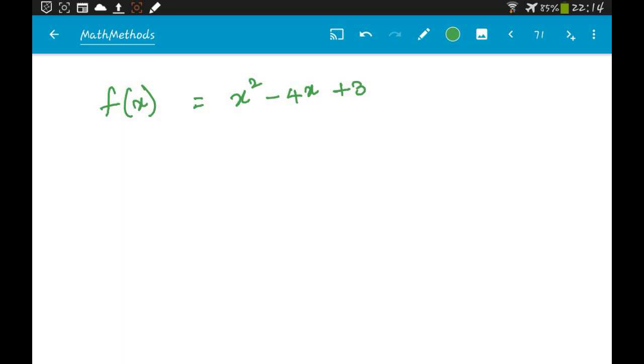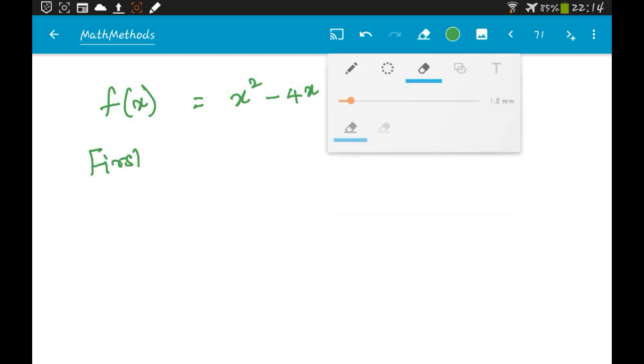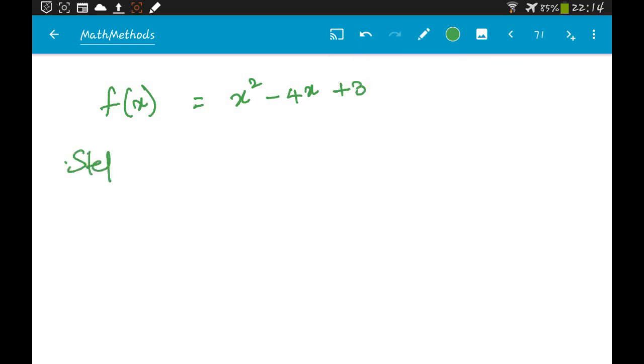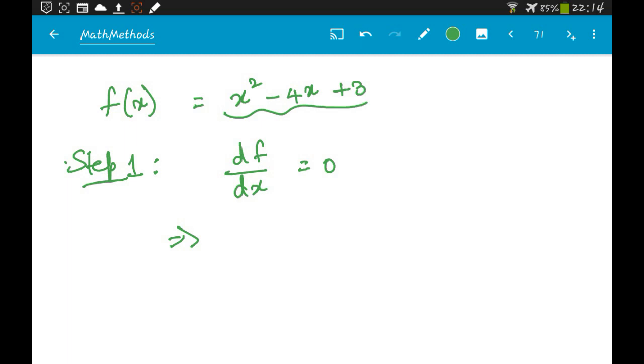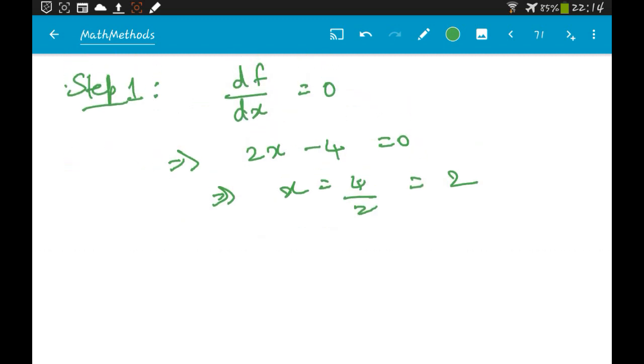The way to find maxima and minima is, step 1, df/dx should be 0. So what will you get? df/dx for this function would be 2x minus 4 equals 0. So x is 4 by 2, which is 2. So x is 2.